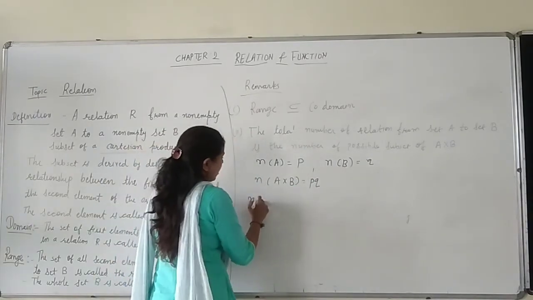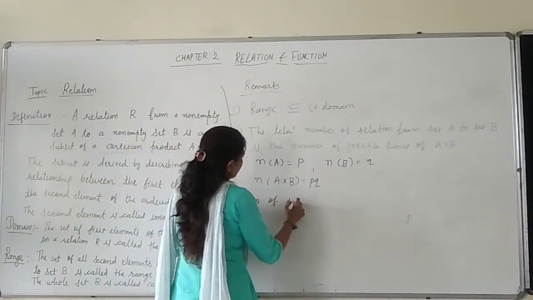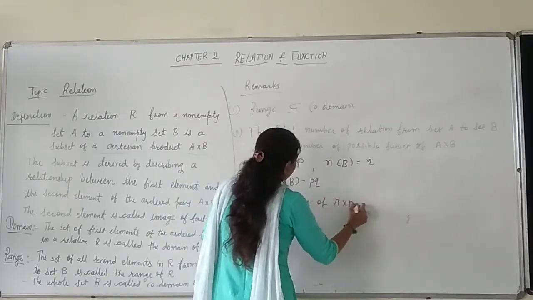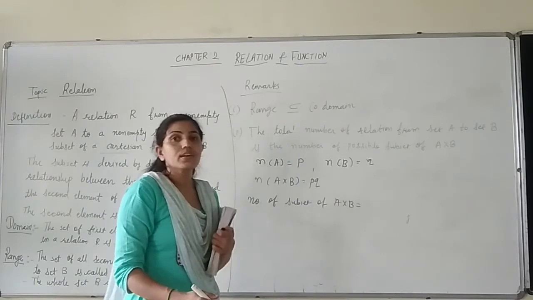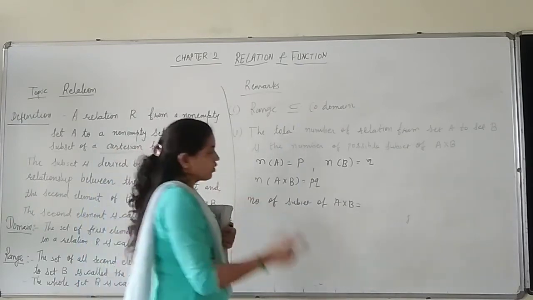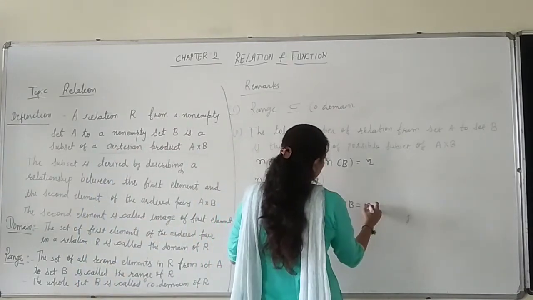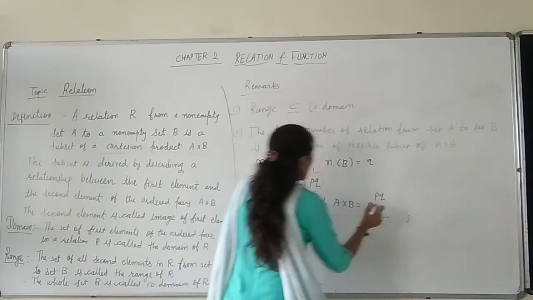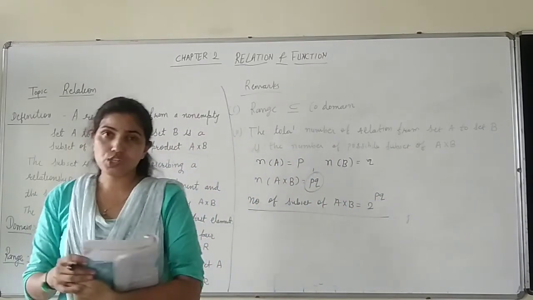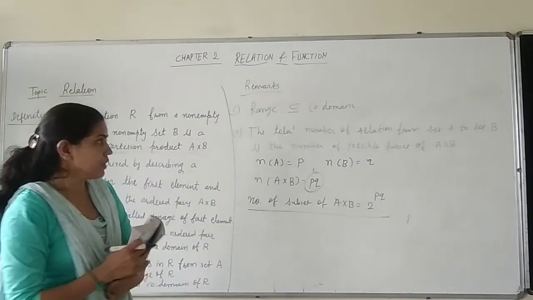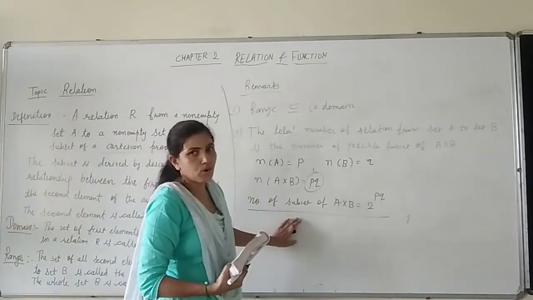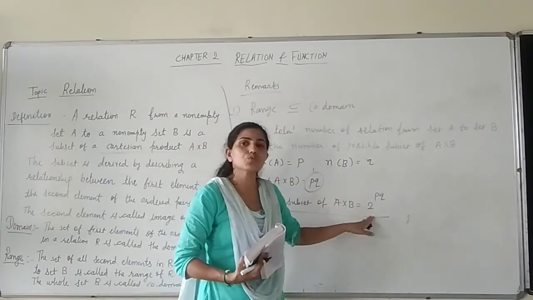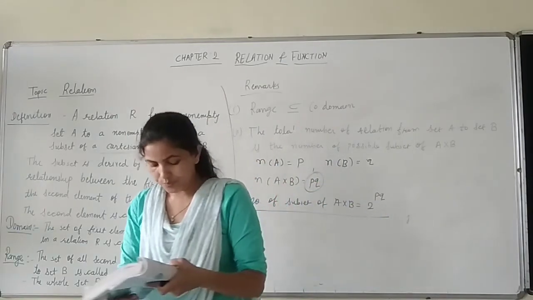And we know the number of subsets of A cross B. The formula is 2 raised to n, and in place of n here it is pq. So 2 raised to pq. So remember students, the possible number of relations from set A to B, with the number of elements in A equal to p and in B equal to q, is 2 raised to pq.